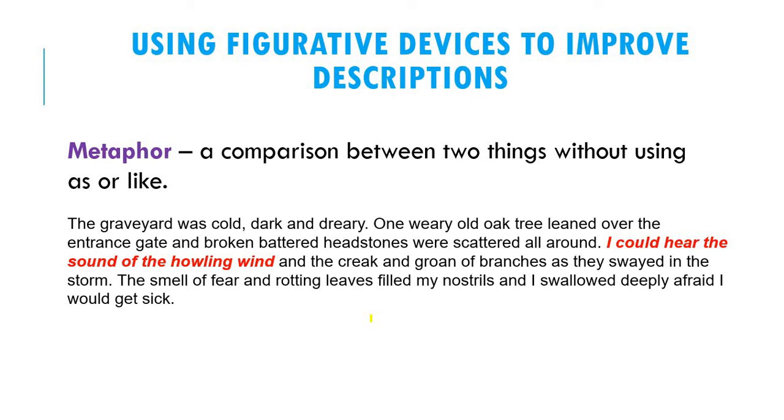Is the writer trying to say the sound of the wind was scary and a little disturbing? All of those things are plausible. And all of those ideas go to say that this location was not a location to be in. It was very scary, right?